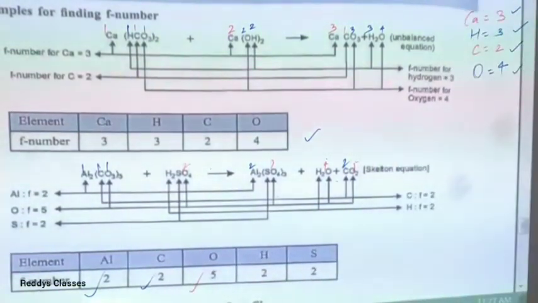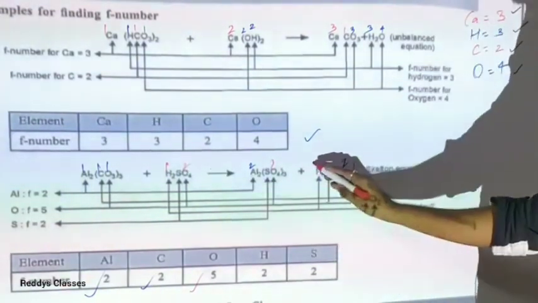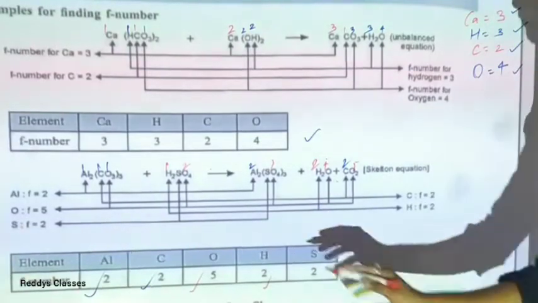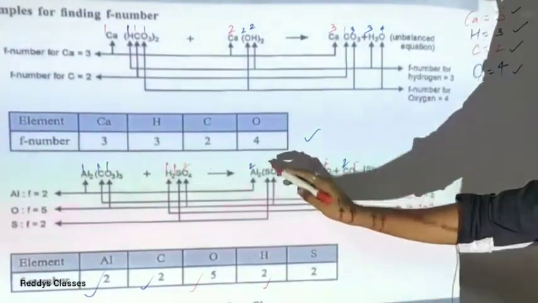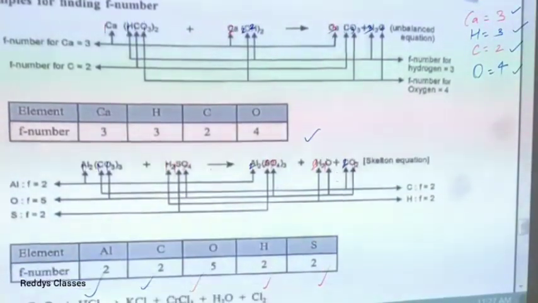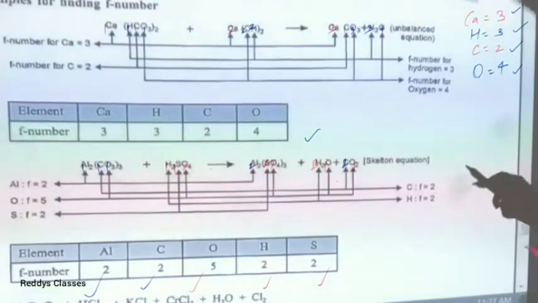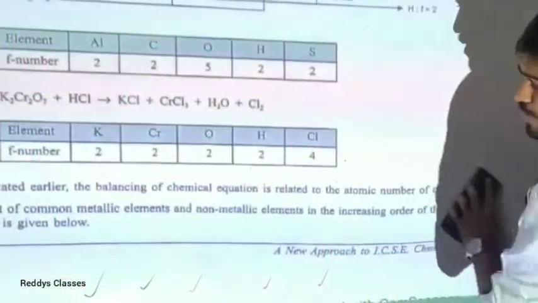That's it. Hydrogen 1, 2, complete. Sulfur 1, 2. That's it. So you know the number of places where these elements exist. You can find it with the third example also. Okay, let us continue now.